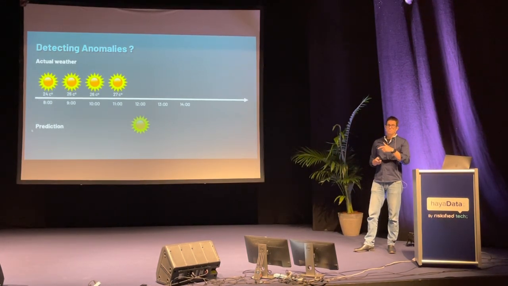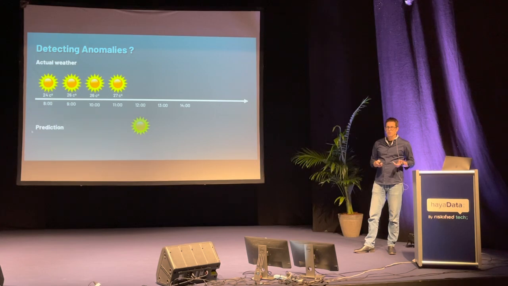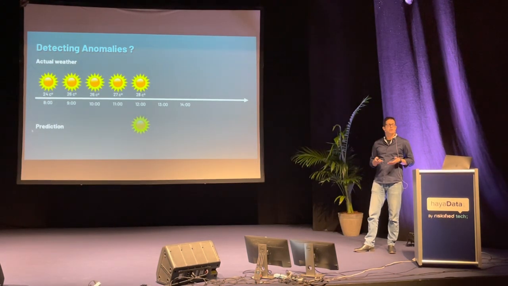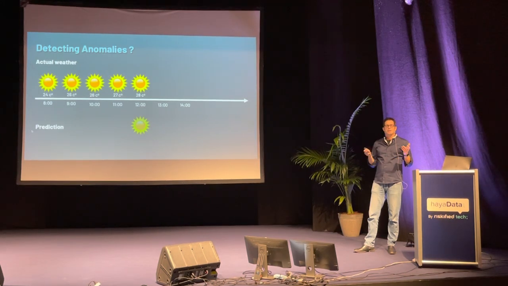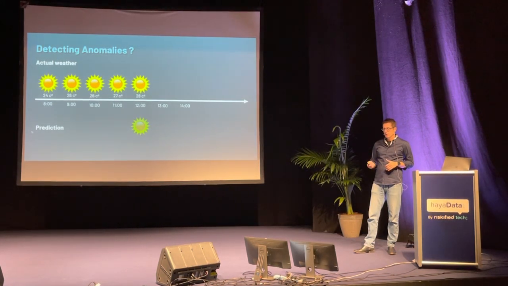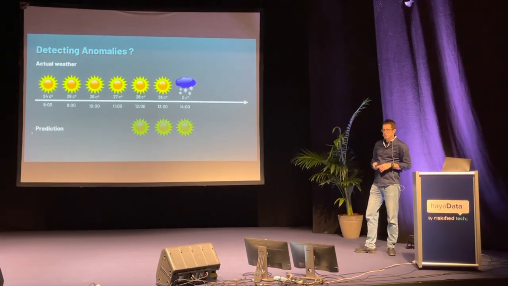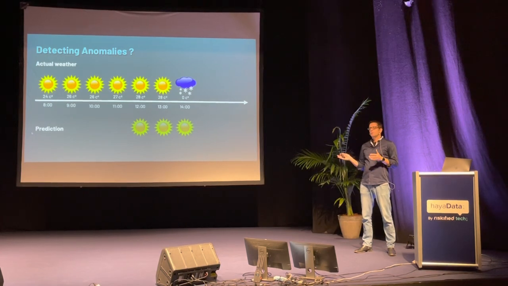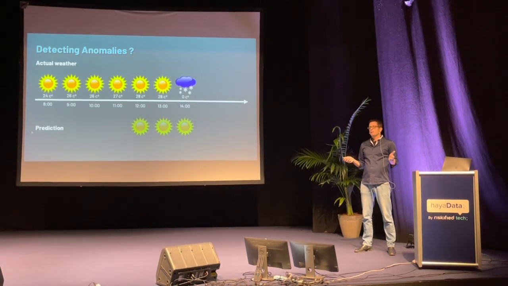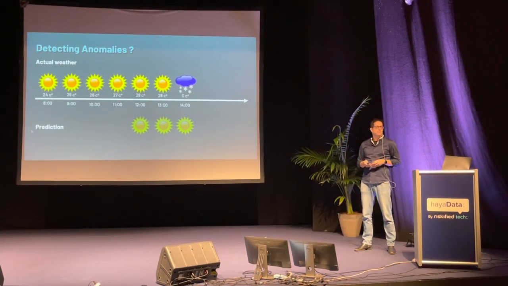We'll wait for noon and check the weather. And if it's sunny and warm, we'll say, great, our prediction matched reality, our model works. We can do this again and again, but what happens if at one of the hours, 2 o'clock for example, suddenly clouds come rolling in, the temperature drops significantly and it starts to snow?